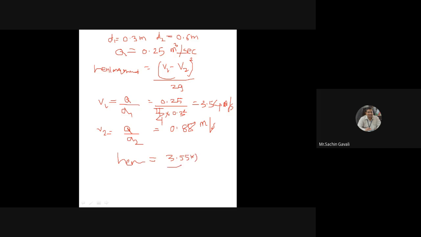Okay, so I think we'll proceed to the next numerical. Write it down: the rate of flow of water through a horizontal pipe is 0.25 meter cube per second.